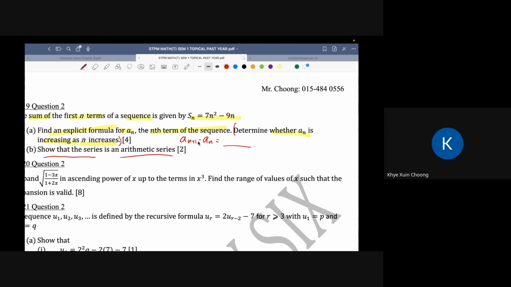You use the next term minus the previous term, you should get some positive constant value. Okay, because later you'll find that it is an arithmetic series, right? The common difference will be a constant. Okay, so an plus 1 minus an, you found that it is a positive constant. Okay, to show that it is greater than 0 means that an is increasing as n increases.